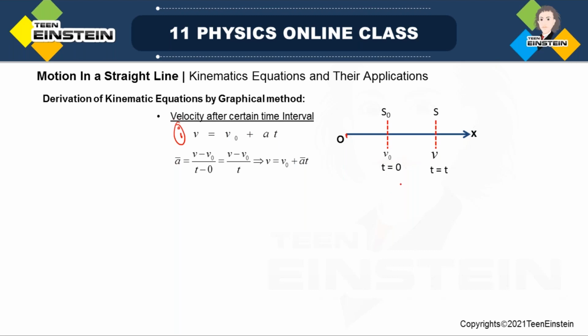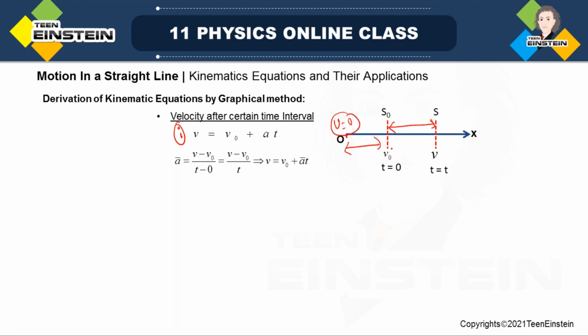Now suppose I start observing the object after it has traveled up to this point. Suppose here the object starts with velocity v equal to 0, but I'm seeing this portion only. I'm just observing the motion of the object during this time interval.